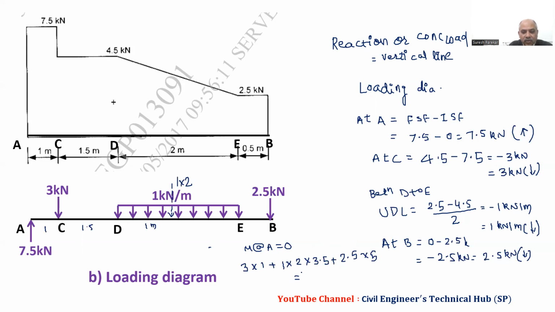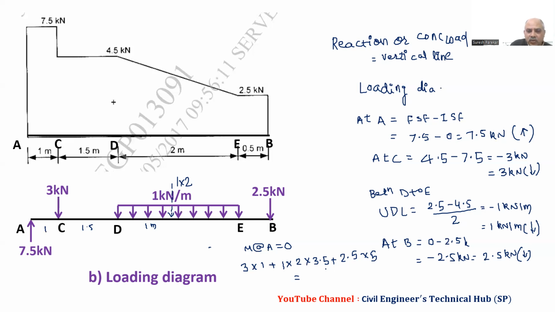So we have 3 into 1 plus 2 into 3.5 plus 2.5 into 5.